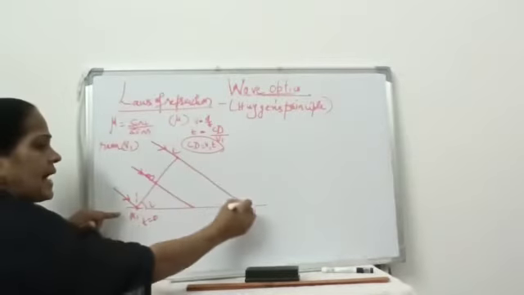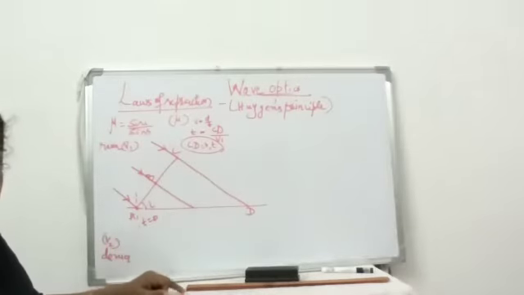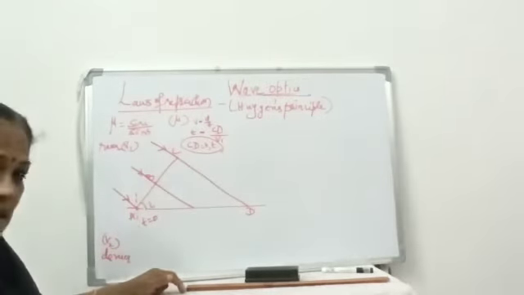Now let us use Huygens' principle. All the points lying between A and D act as the source of secondary wavelets.